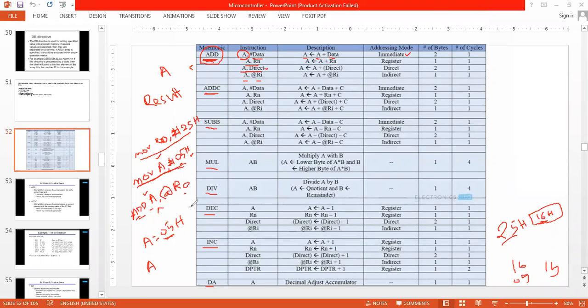Is it 05H? What is the indirect addressing mode? See, this is going to be the indirect addressing mode, no? So what have you understood from that? Nida said 2AH. Okay, no, it is not 2AH.